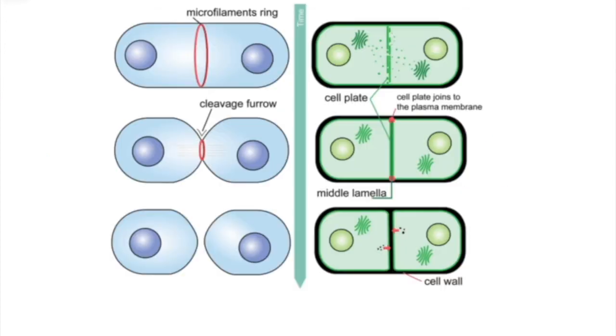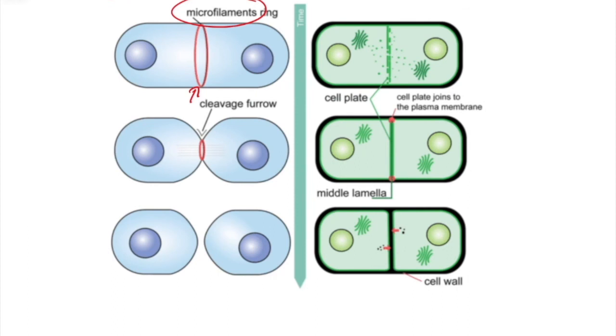In animal cells, the splitting of the cytoplasm happens with a contractile ring. So a ring is a microfilament ring, and what it will do is it will cut through the cytoplasm.